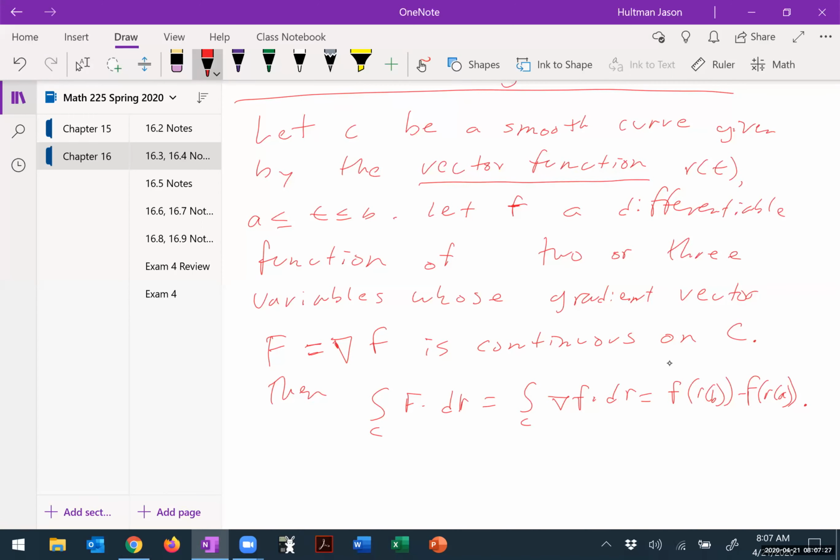So don't get confused with the notation here, because I know that in Calc 1, they used uppercase F as the antiderivative and lowercase f as the function that you're integrating on. Here it's completely reversed.